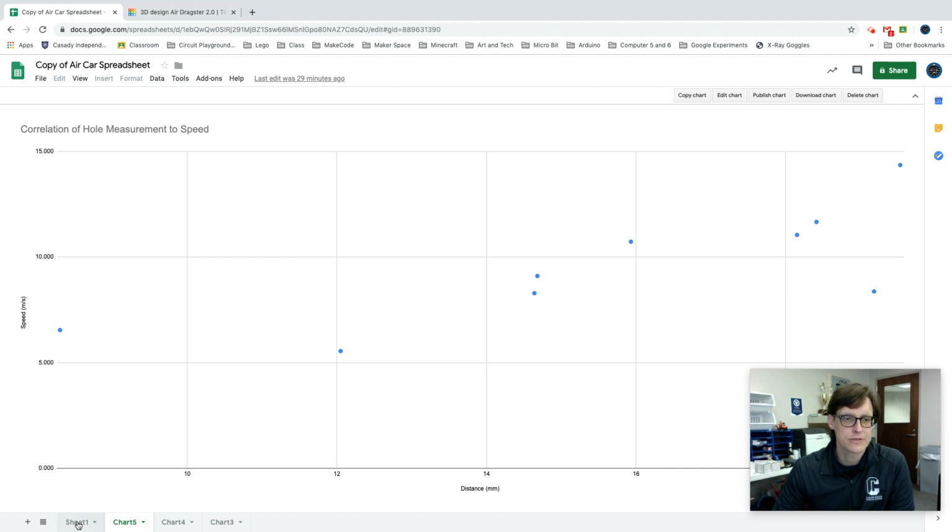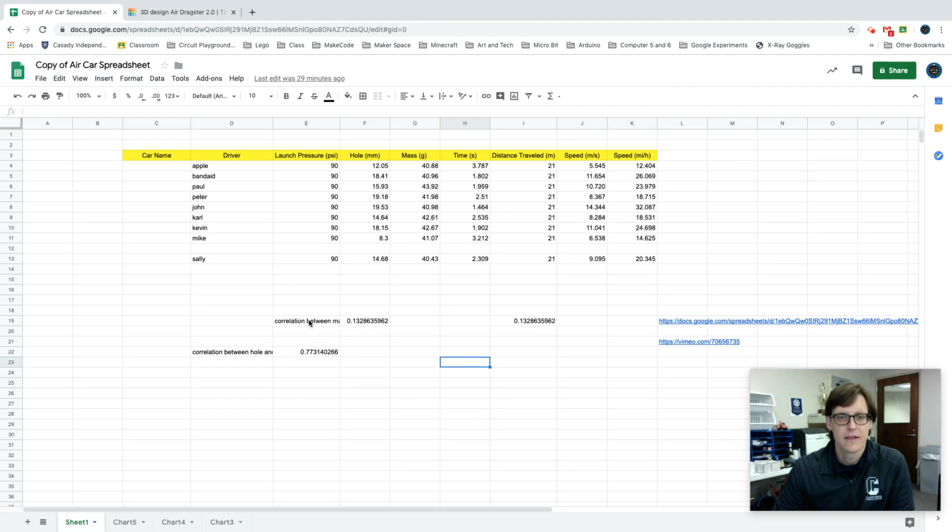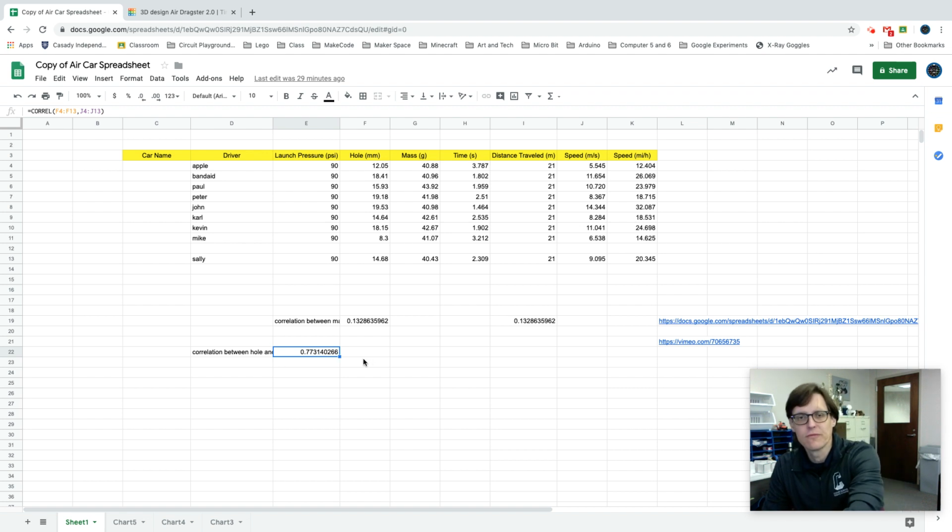And that was also validated when we did the calculation. When we did the correlation between mass and speed, we only got a 0.13 correlation, whereas when we did the hole size and the speed, we got a 0.77 correlation, where a correlation of 1 is a perfect correlation.